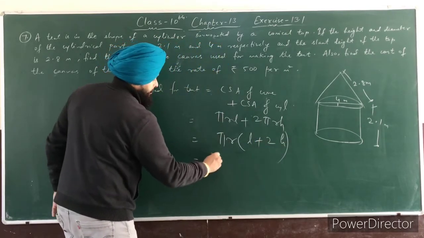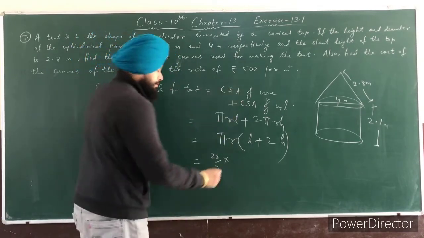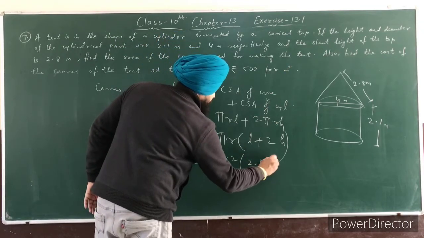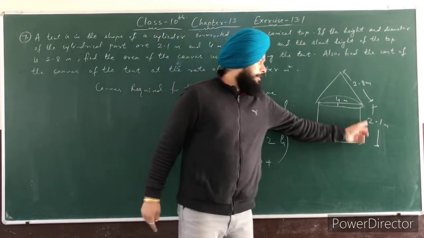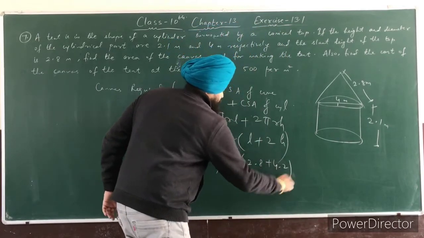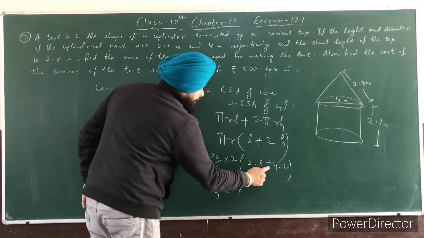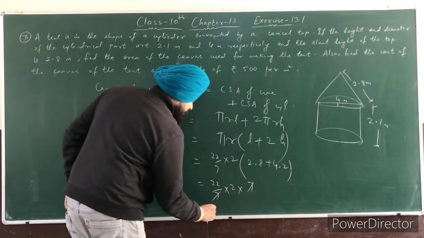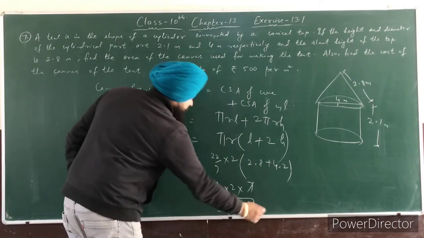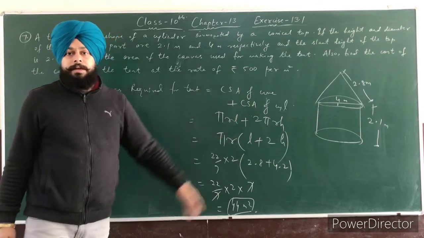What is pi? 22/7. r is the radius, that is 2. l is the slant height, 2.8. 2 into h: height of the cylinder is 2.1, so 2.1 into 2 is 4.2. 2.8 plus 4.2 is 7. 7 cancels. 22 into 2 is 44 meters square. It means 44 meters square of canvas is required for making this tent.